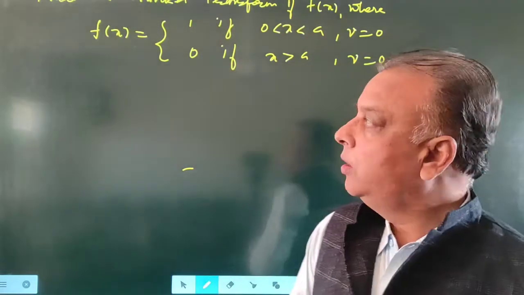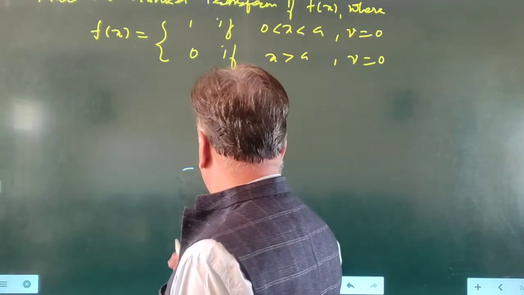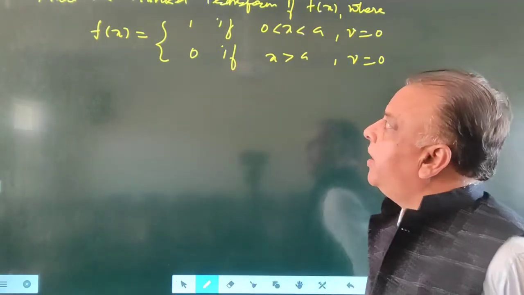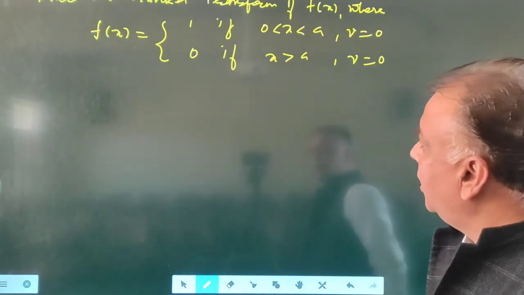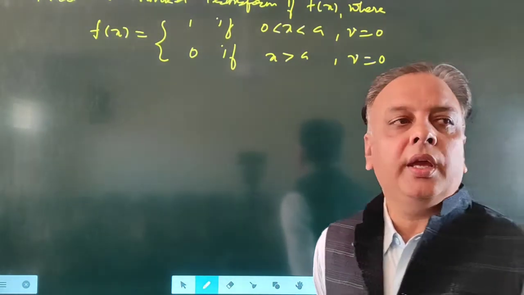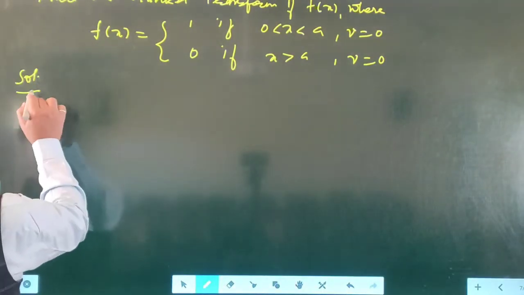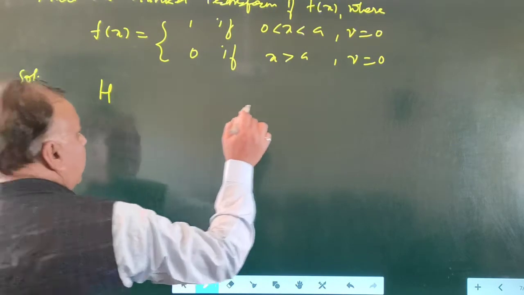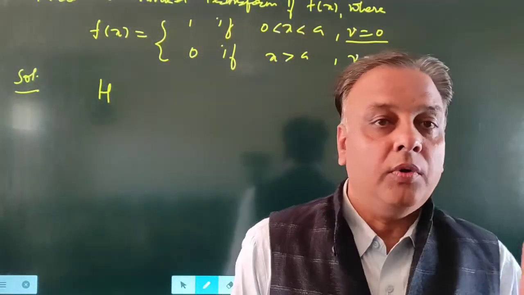We have to find the Hankel transform of the function f(x), which is defined as 1 if x lies between 0 and a and 0 if x is greater than a. So in order to find the Hankel transform of this function, here nu is equal to 0, so we have to find the Hankel transform of order 0.